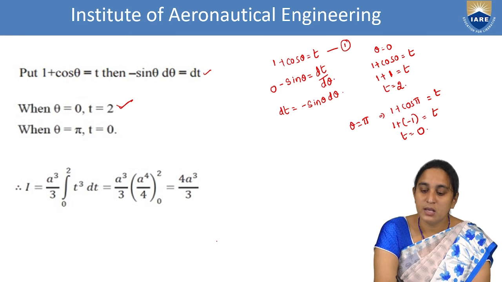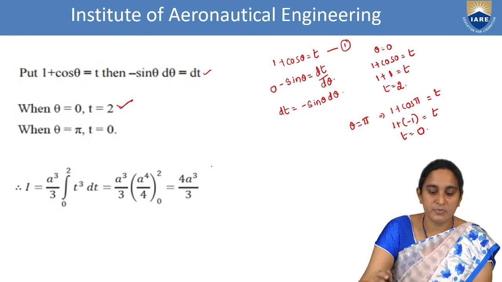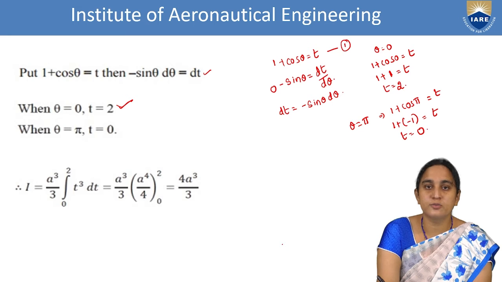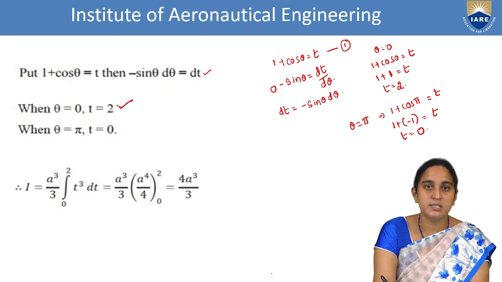0. Therefore, if we take theta is equal to pi, in that case we got t is equal to 0. If we take theta is equal to 0, for that case t is equal to 2. Now I am substituting the limit points here.